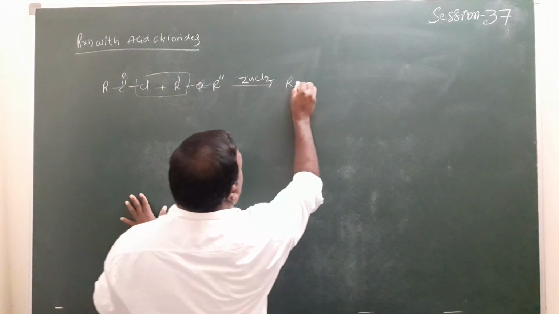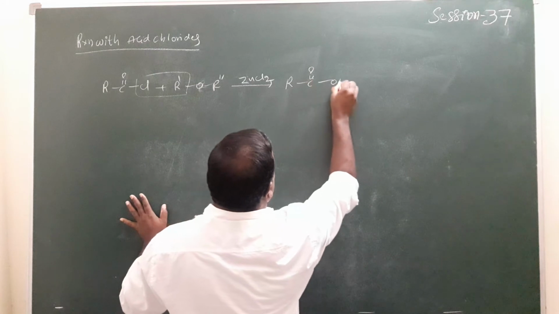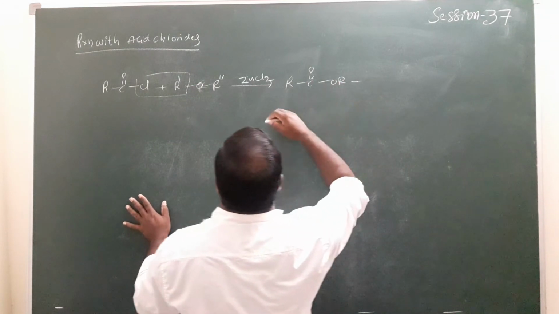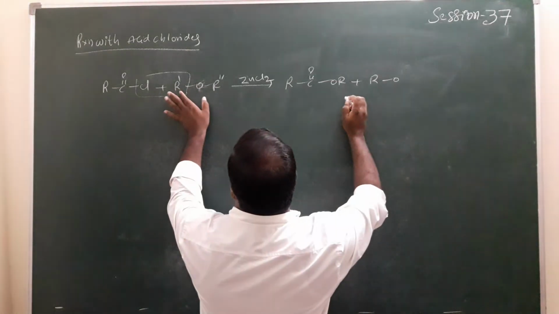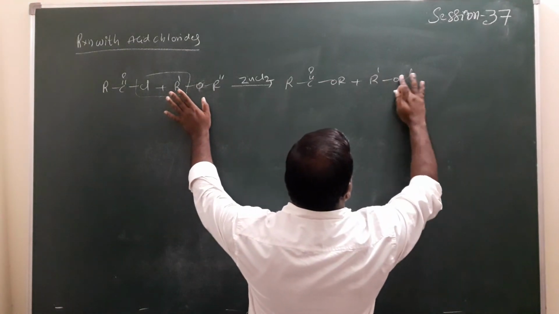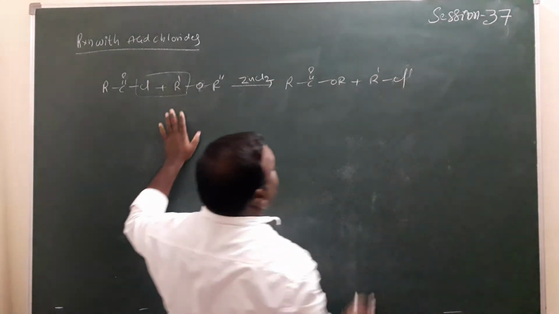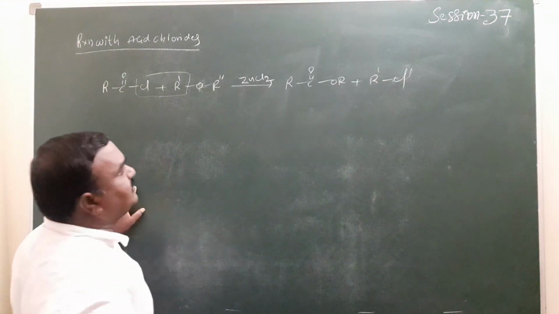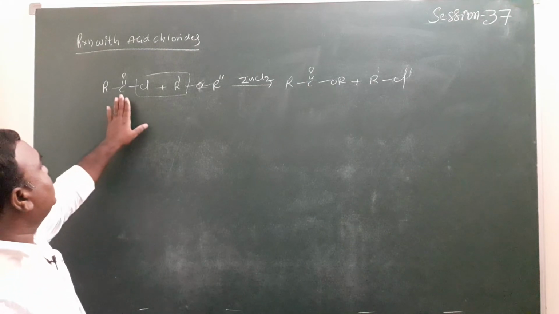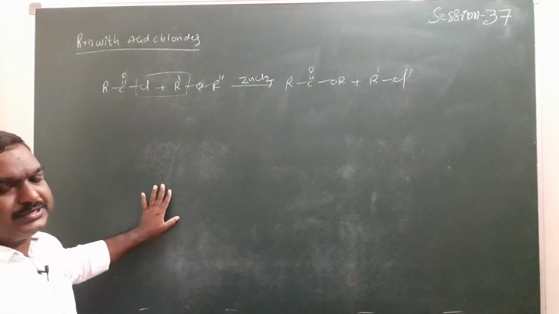So RCOOR plus RCl. Alkyl halide and the ester compound are formed. This is the way to write it, because acyl cleavage is possible here.